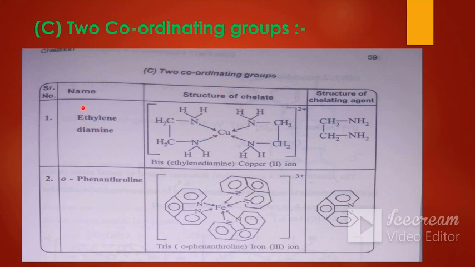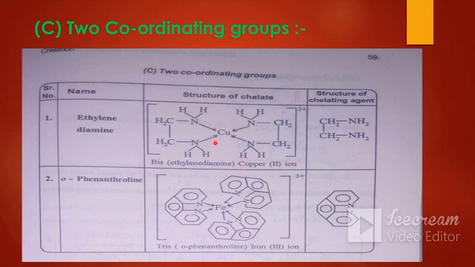First example, ethylene diamine. Ethylene diamine structure: centrally copper and diamine, that is two amines, NH2, and the name of that chelate is bis ethylene diamine copper 2 ion.